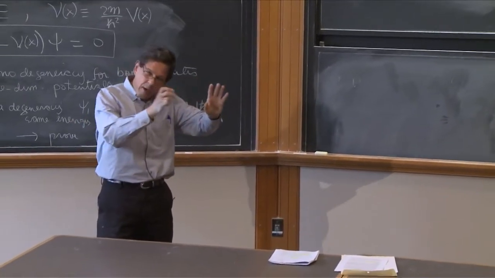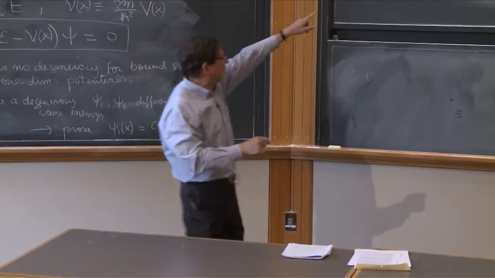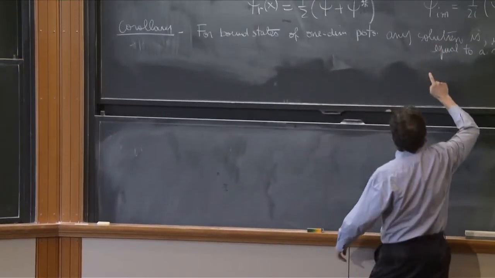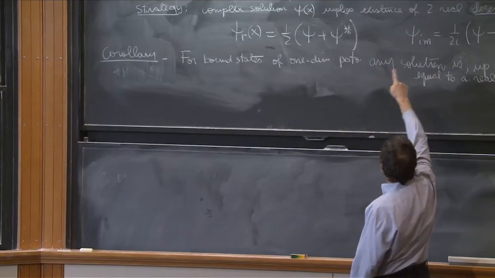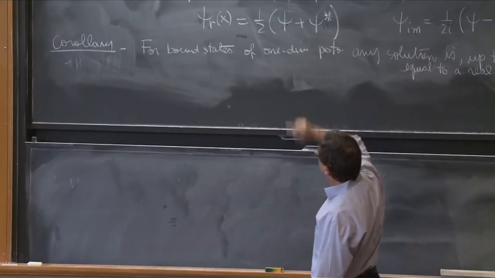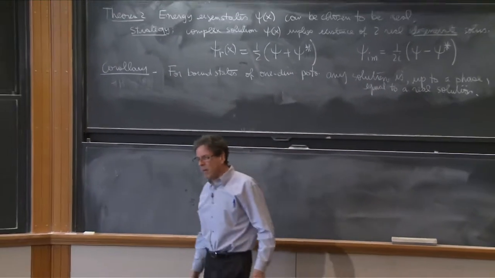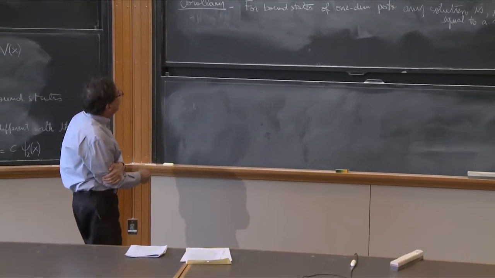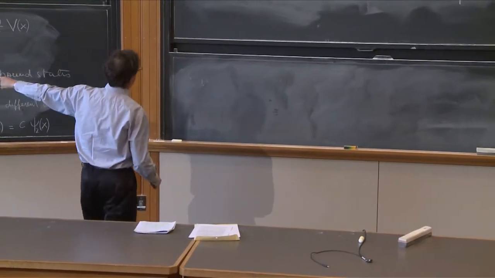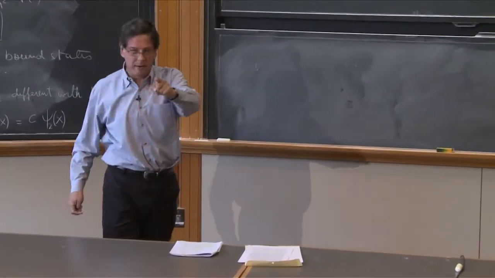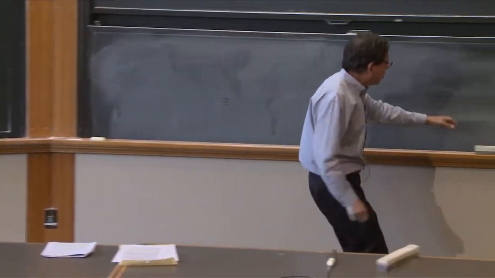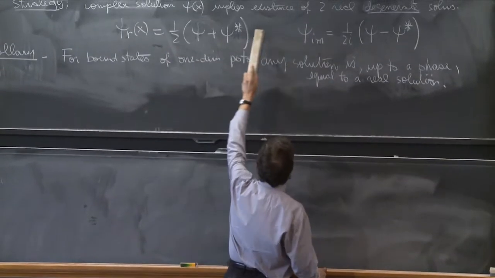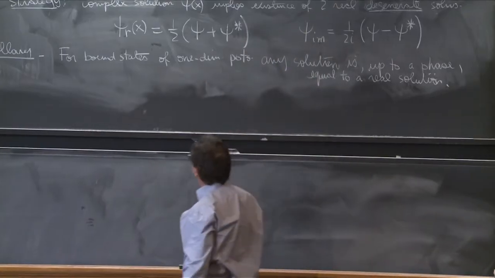Okay, suppose you have these two solutions here. Well, this is real, so that's trivially true, and this is real. But what if I put a linear combination of them, or take the original complex solution? Why would it be up to a phase equal to a real solution? The answer is the following. Because of Theorem 1, that there's no degeneracy, you've got two solutions that claim to be different and degenerate, but that can't be.